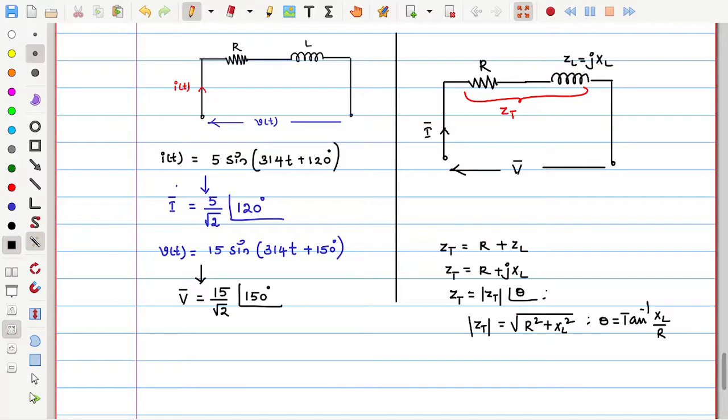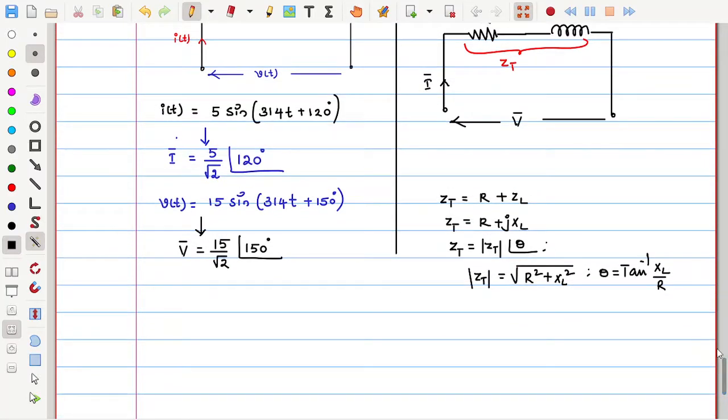Now see, just now in the previous problem we wrote that if I know voltage and current, can I write V by I is equal to ZT? So from the given information, the V to I ratio in phasor form is equal to ZT.